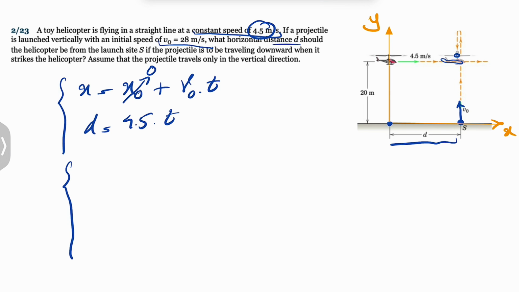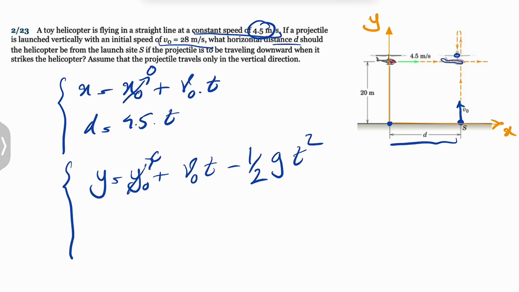And let's move on to the projectile. So y is equal to y0 plus initial velocity times t, minus 1/2 g t squared. y0 was 0 because that's our origin, and we're going up. Our y is going to be 20.